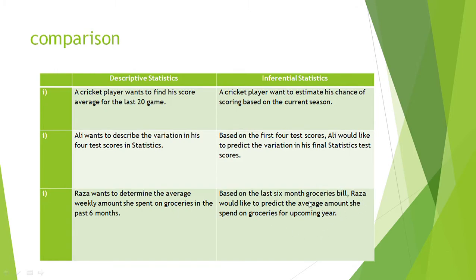So here again the word prediction comes, and there average. This is the main difference: in descriptive statistics we describe data with averages and variation, while in inferential statistics we estimate or predict the data.